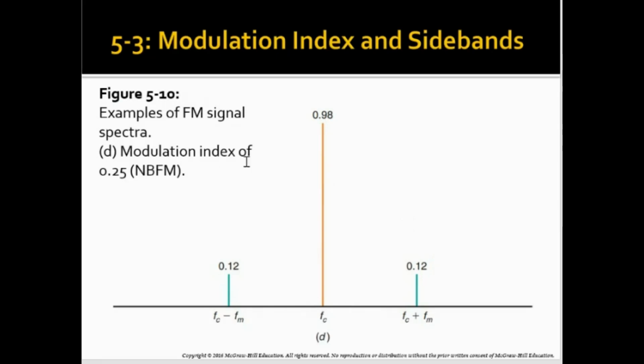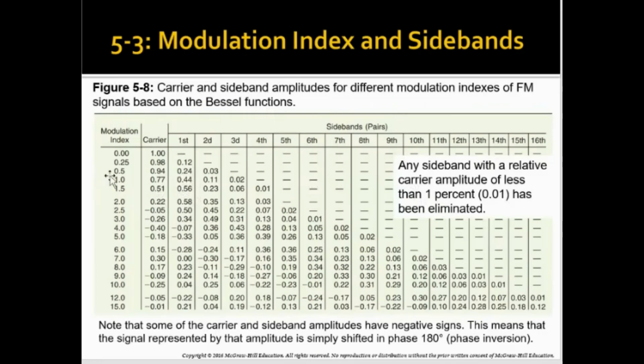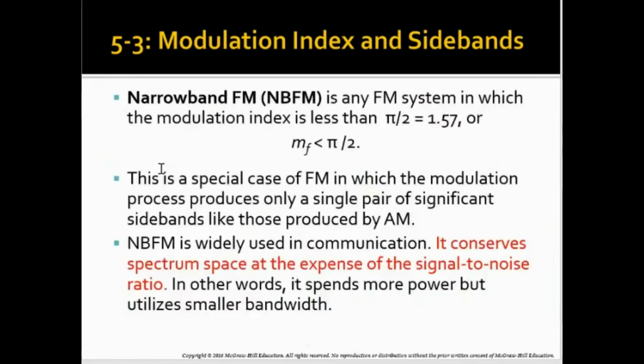The modulation index is 0.25. So let's see in the table, modulation index of 0.25. It has only one sideband of 0.12. The carrier has a power of 0.98.